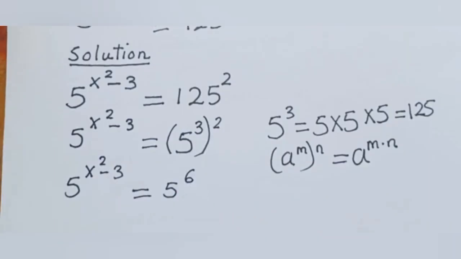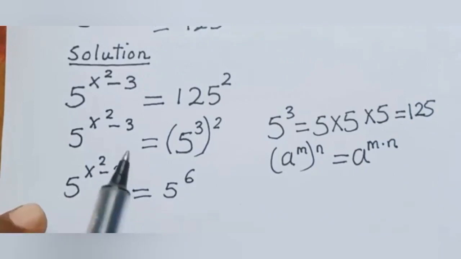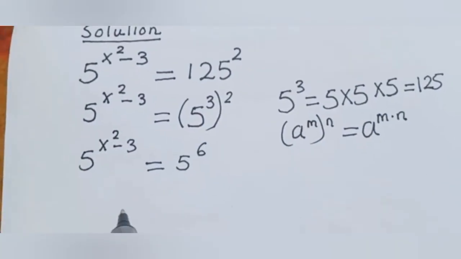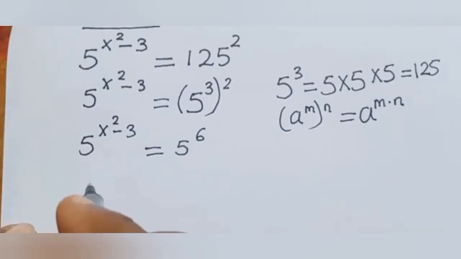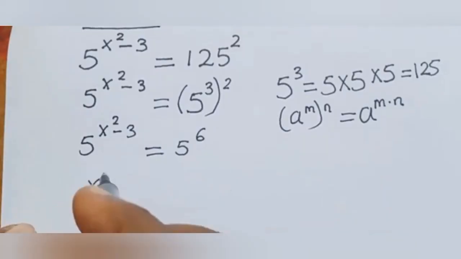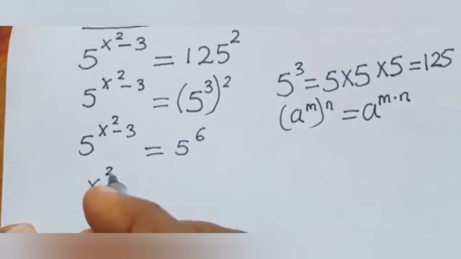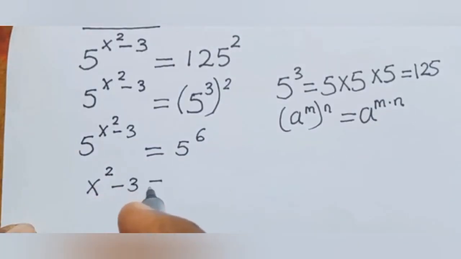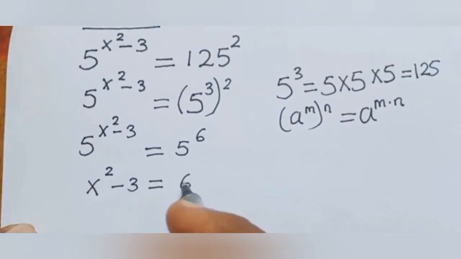From here, as we can see, both have base 5. Here the base is 5 and here the base is 5. We can equate the exponents as follows. So we have x squared minus 3 equals 6.